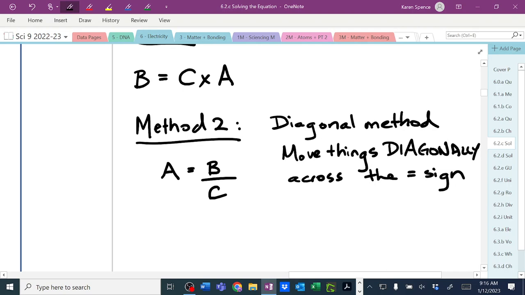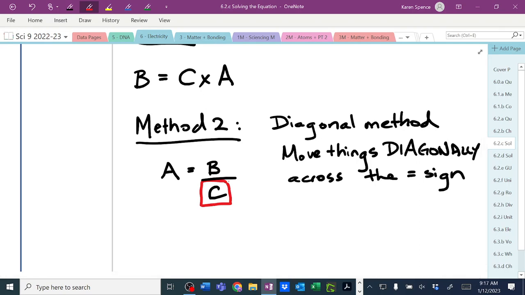So once again, we say, what's the first thing we need? We need B on the top. Then we need to get B by itself. Who's cluttering up B? C. So we need to move C. Okay, so we're going to move it to the other side of the equal sign.